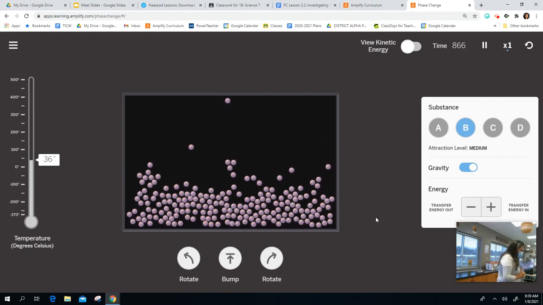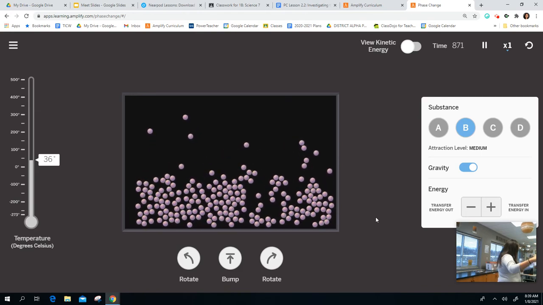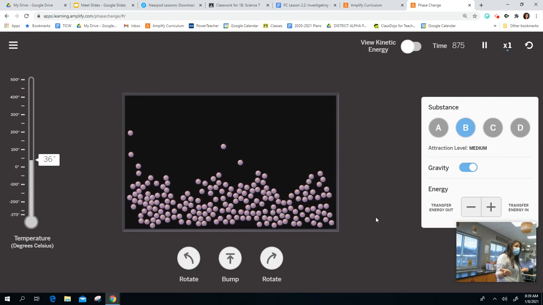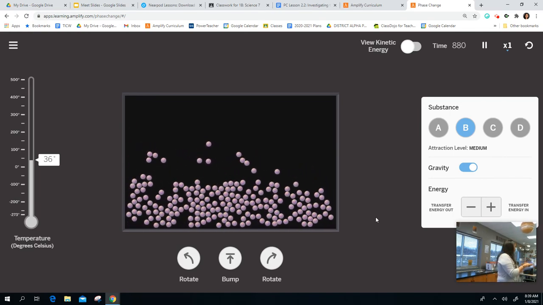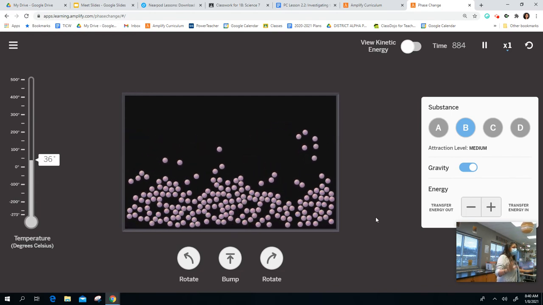But I think we would describe that more as the molecules kind of stay at the bottom of the container. They don't fill the entire container. And they still move, right? They're moving, and they're kind of bouncing off of each other and kind of rolling around. So they're flowing, but they're not all over the place.